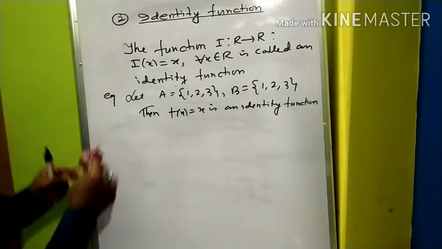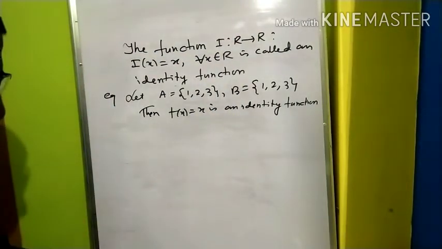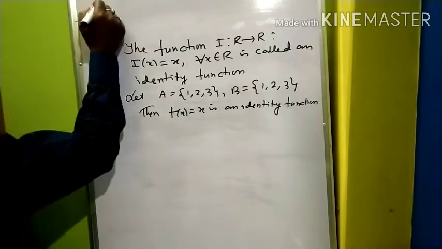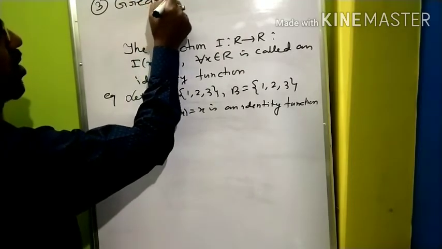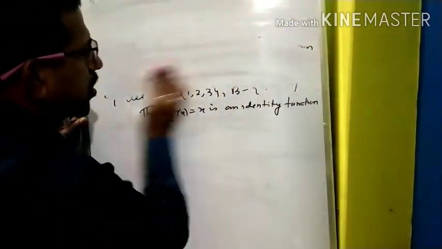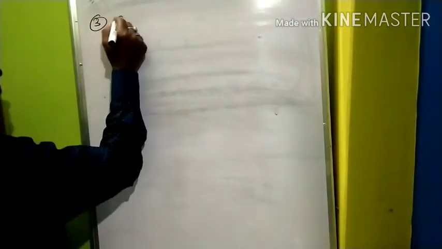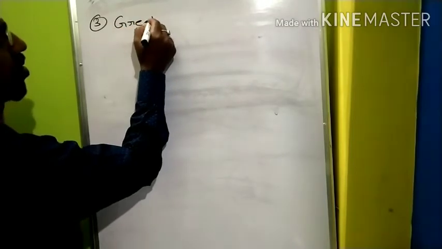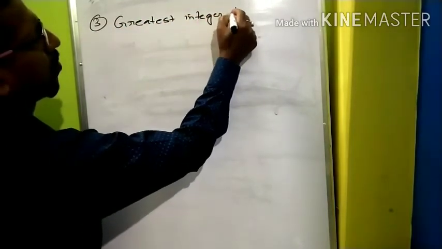Now number 3, the greatest integer function. We will discuss the greatest integer function first, before the smallest integer function.